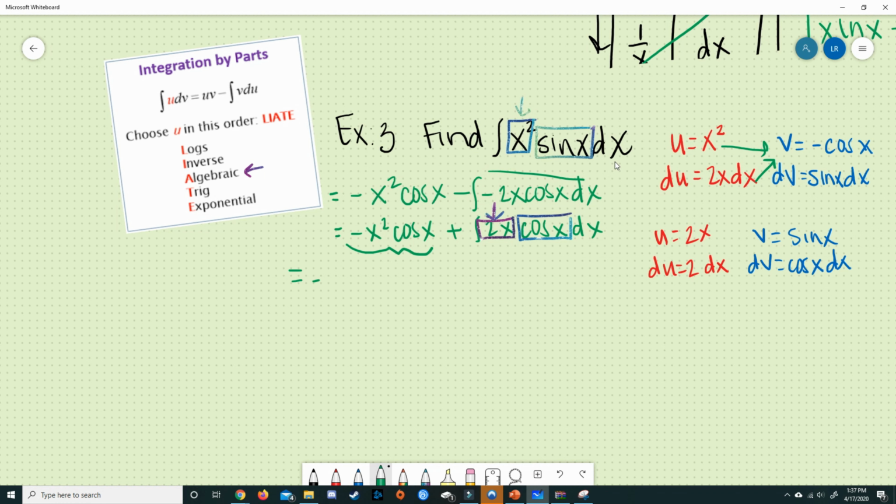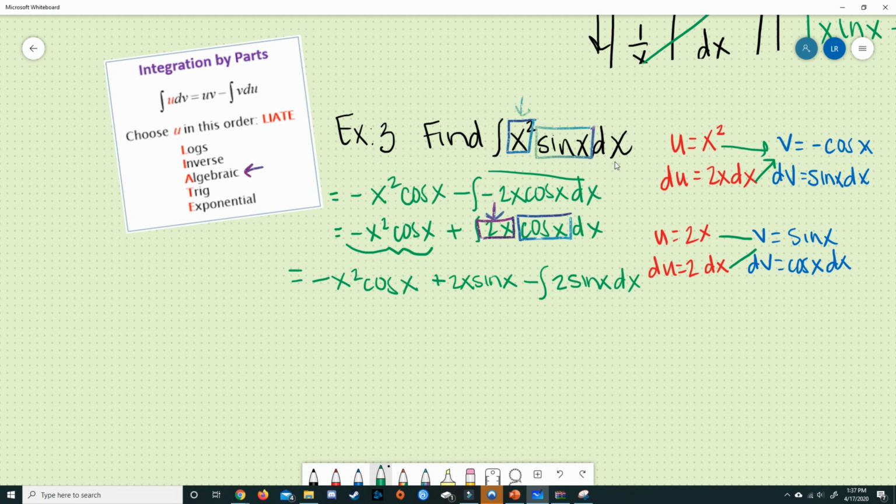So this piece is going to be negative x squared cosine of x. Now we're going to integrate this piece, and to integrate that piece, you do u times v, which is going to be plus 2x sine of x minus the integral of du times v. So 2 sine of x dx.